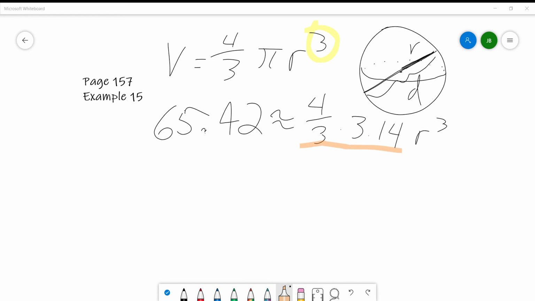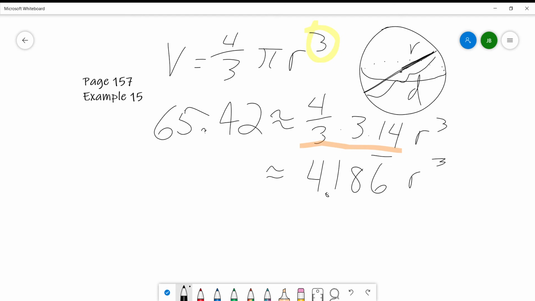Okay, so times 3.14 gives you 4.18 and 6 repeating. See, I know I got that. So this value is always a constant part of the equation. You could just leave it like that, and then r cubed.